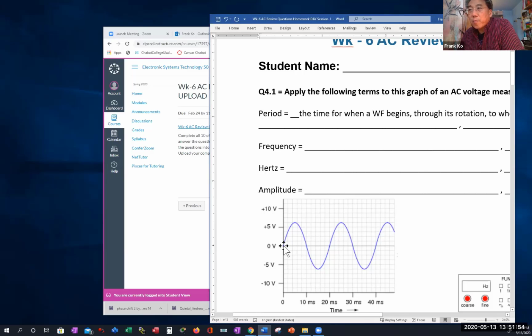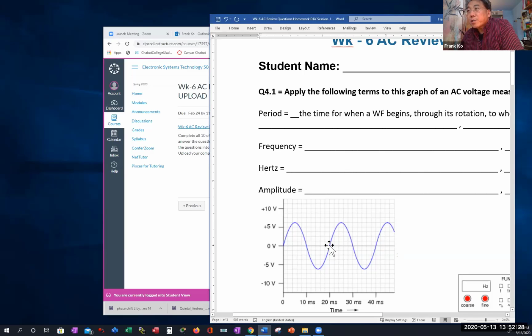This is the waveform where it begins at 0 and goes in a positive direction up to a positive peak, comes down to 0, goes to a negative peak, and then back to 0. And it's at this point, where my cursor is presently, where the waveform repeats itself. So the definition that I gave, the time for when a waveform begins, here's the beginning point, through its rotation, and here's its rotation, to a point where it begins to repeat itself would clearly, if I start at 0 time, end right here.